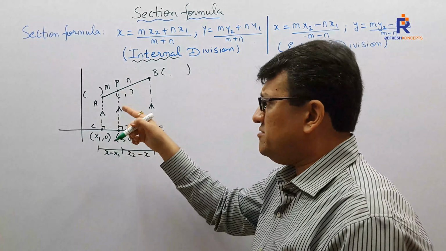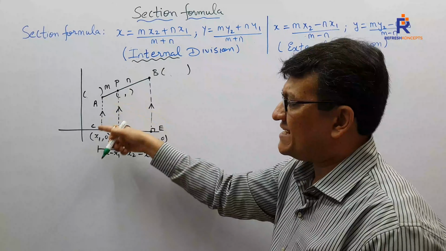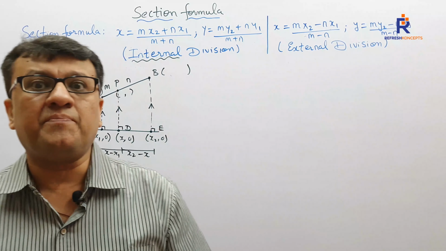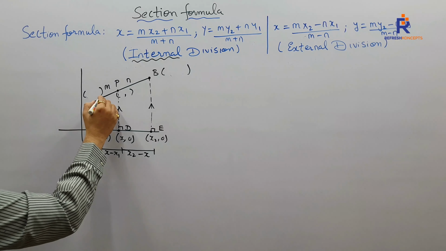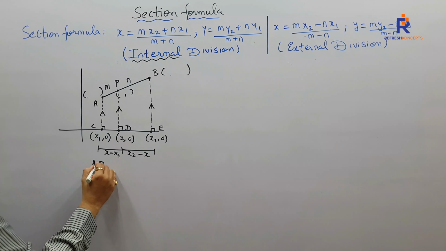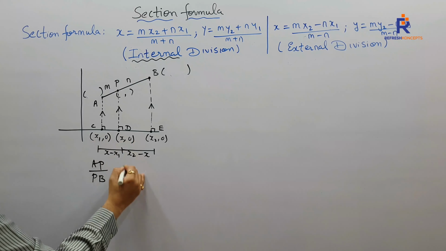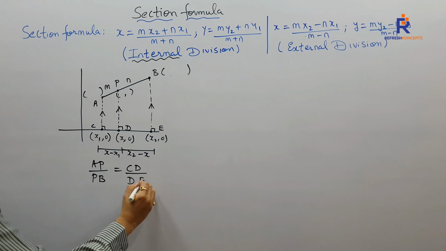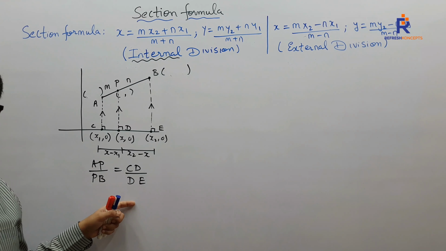So now, when the lines are parallel, are these acting as intercepts? What does the property of intercept made by 3 parallel lines state? It states that AP by PB is equal to CD by DE.